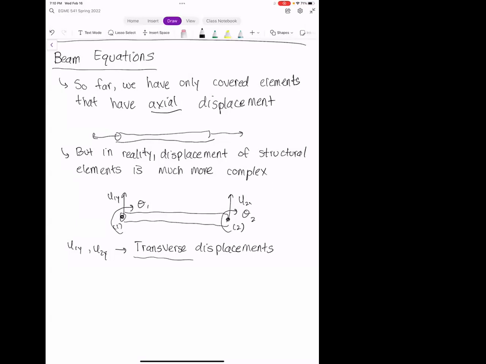Theta 1 and theta 2, we'll call rotations. These represent more complex displacement or deformation modes than what we've considered previously in our truss equations. The combination of these, we'll call our beam element.